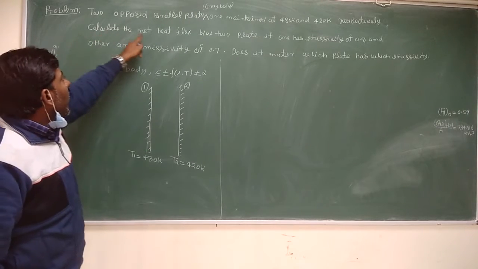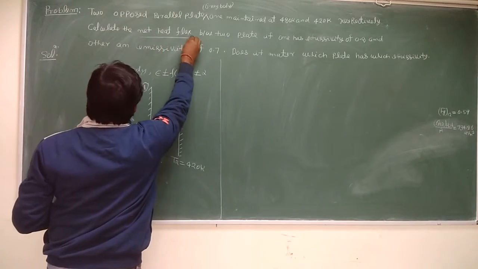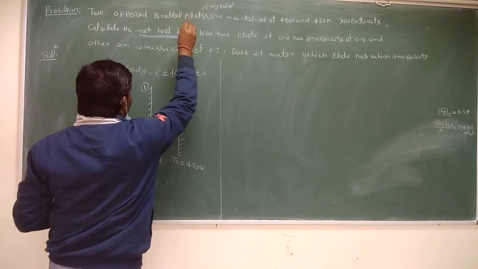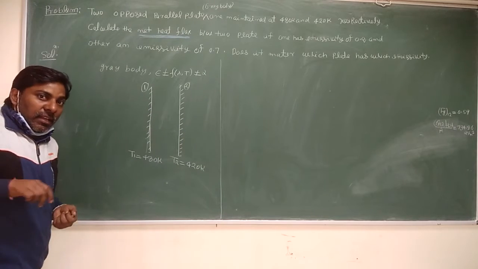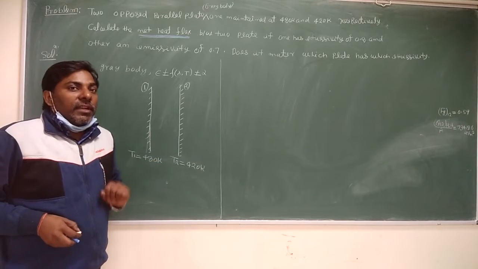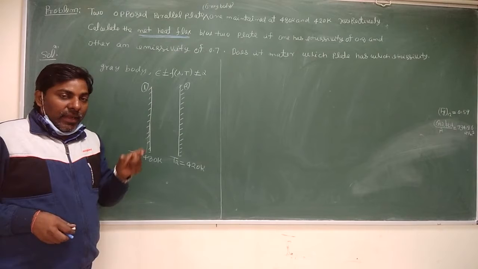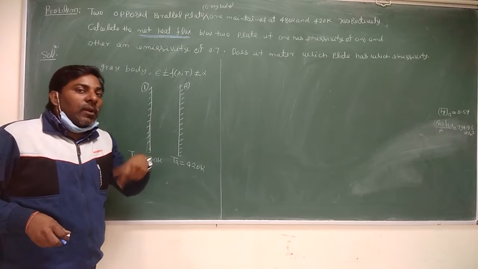Now calculate the net heat flux. Mind it, he is not asking for net heat transfer. He is asking for net heat flux, which means net heat transfer per unit area, the rate of heat transfer per unit area.